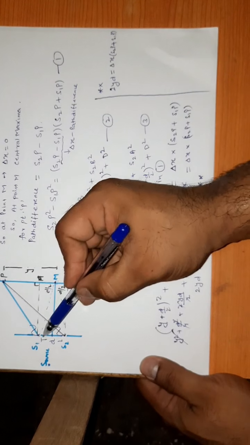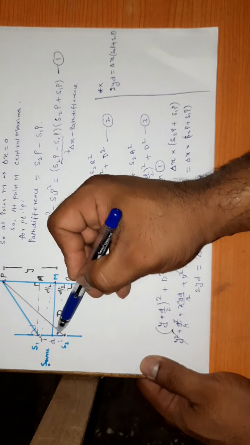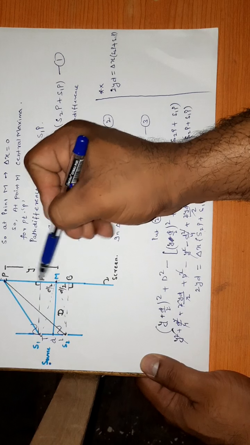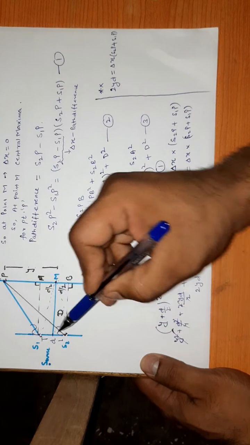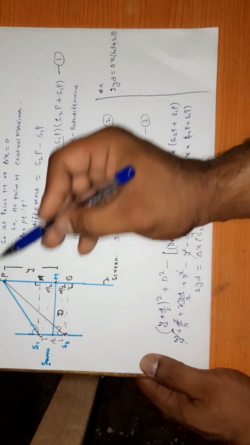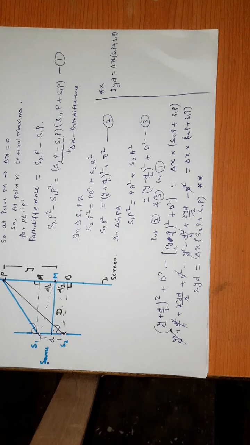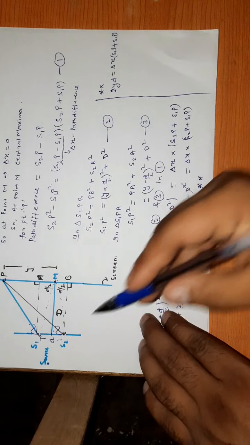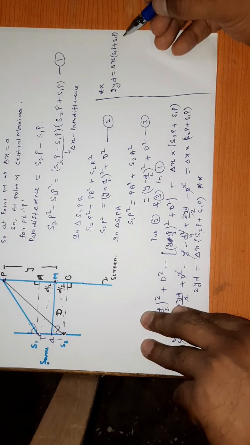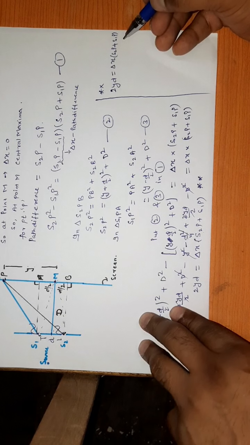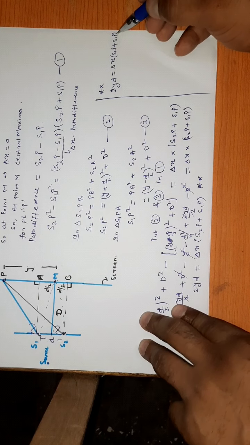So this distance d is very small and P is also very close to M. So we can take S2P and S1P almost equal to capital D, in addition only. This we can do in addition, but in subtraction we cannot do so. This we have studied in class 11 measurement.